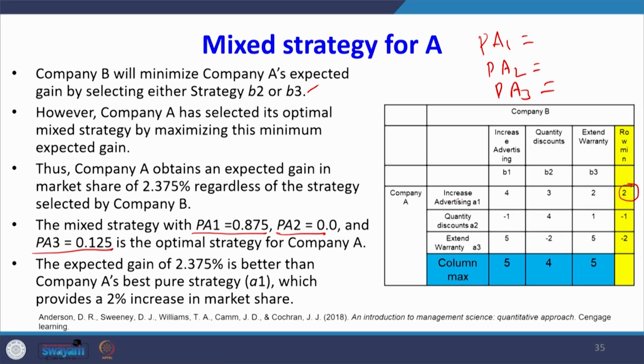Strategy A1 has to be played 87.5 percent of the time, A2 is 0, and strategy A3 has to be played 12.5 percent. So, if we follow this mixed strategy, the gain is 2.375 instead of playing a pure strategy.